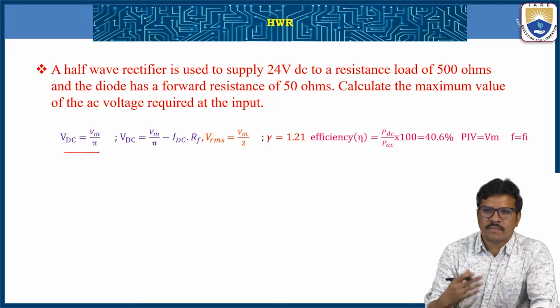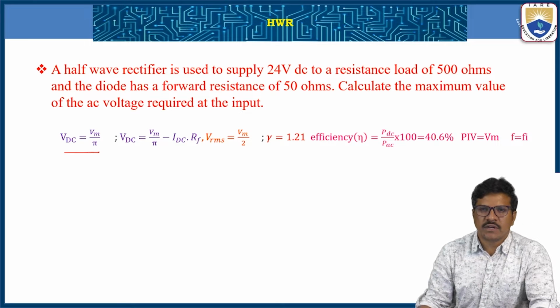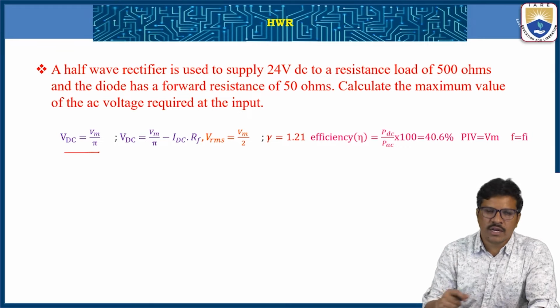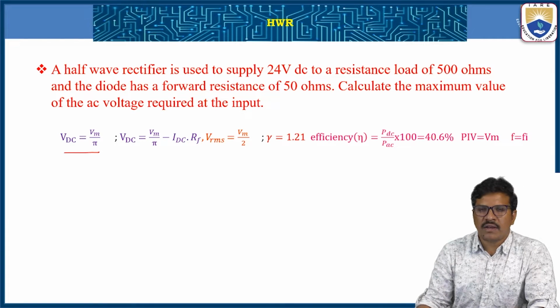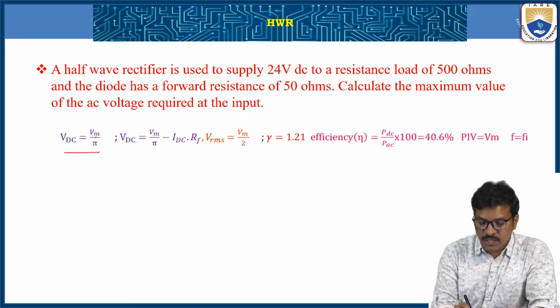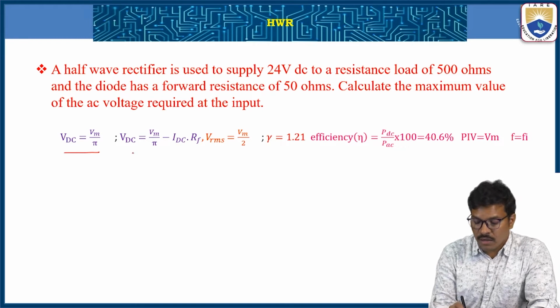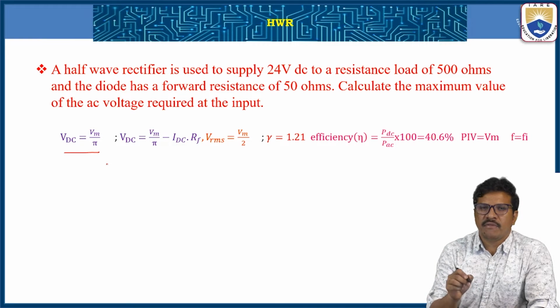How do we measure the DC voltage in the half-wave rectified output? With the help of mathematical equations, we derived that VDC is equal to the maximum voltage Vm by pi. But if we consider the diode forward resistance, secondary coil resistance, and load resistor, then VDC is not simply Vm by pi.